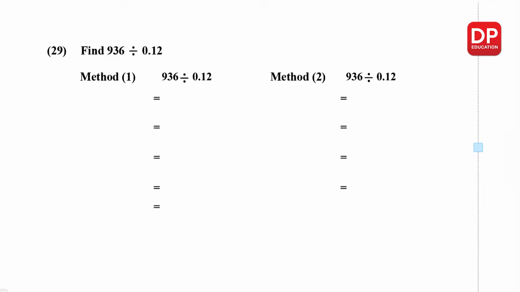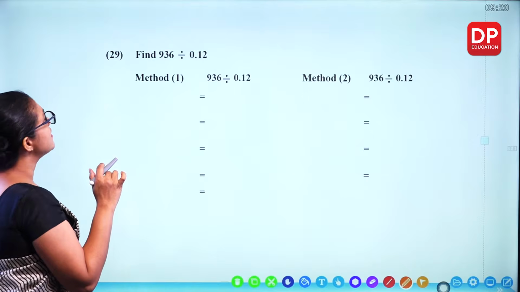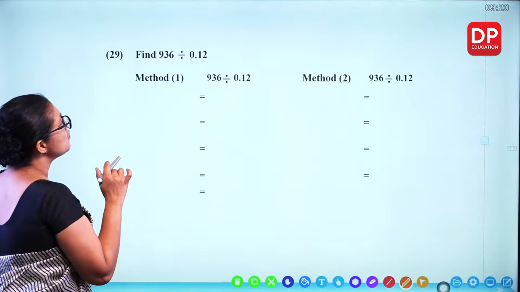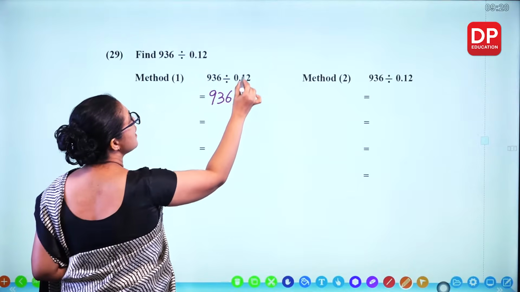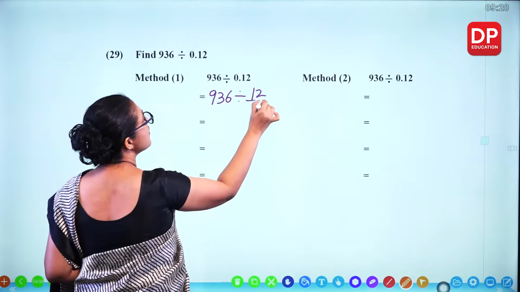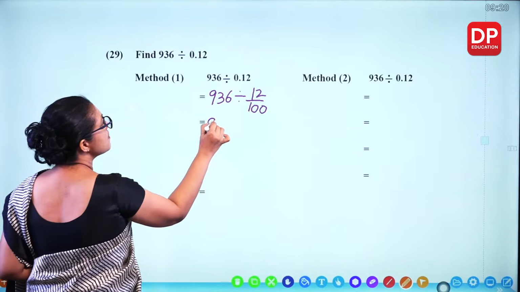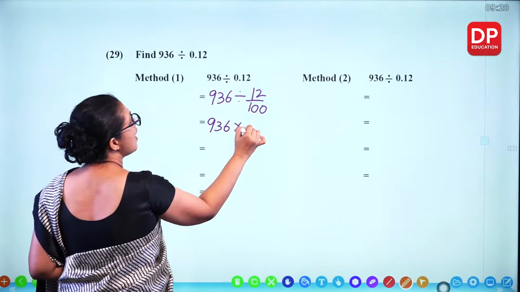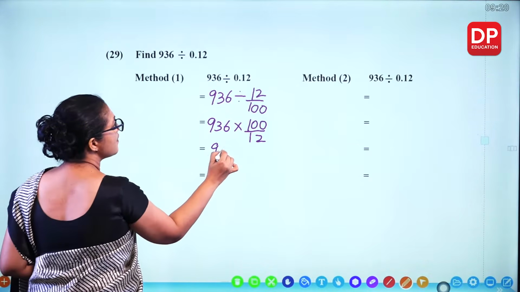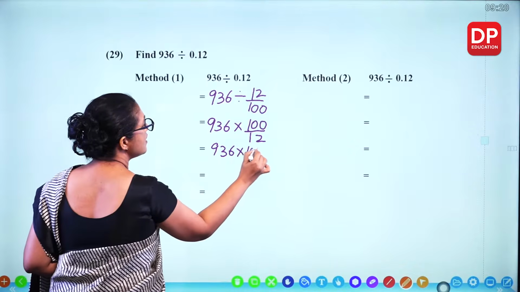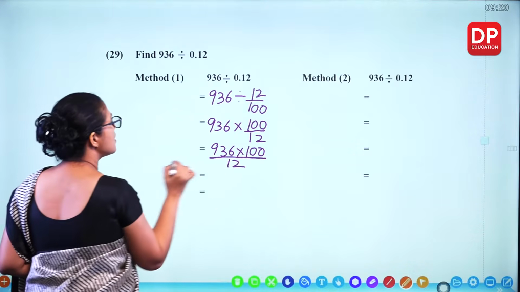Now we'll do both methods. 936 divided by 0.12. If you are doing it with a fraction, you can write this as 12 over 100. Convert to multiplication, 100 divided by 12. Then 936 into 100 divided by 12.